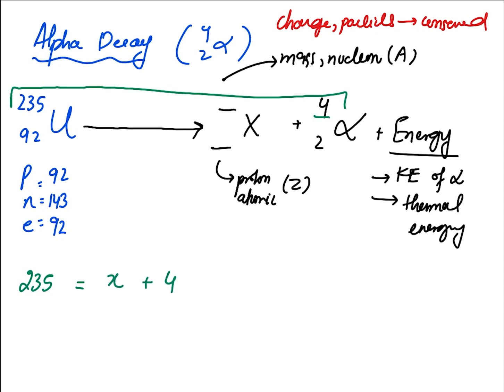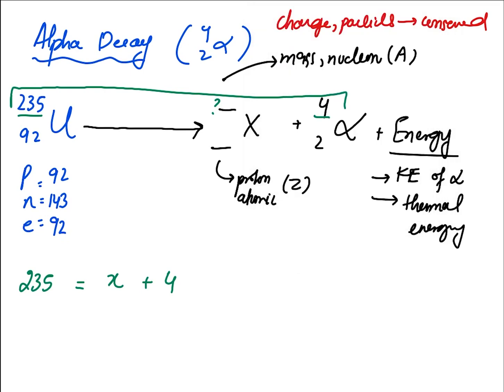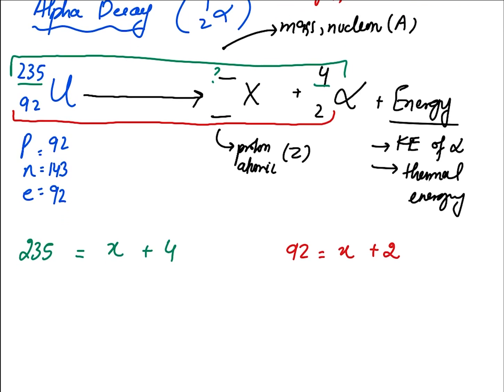This is 235 actually coming from the uranium. The other equation will be from the lower part, and I'm going to do that with a red color. So the lower part equation is going to be 92 equals X, using X again because this is the unknown part, plus 2. And 2 is coming from alpha, right?